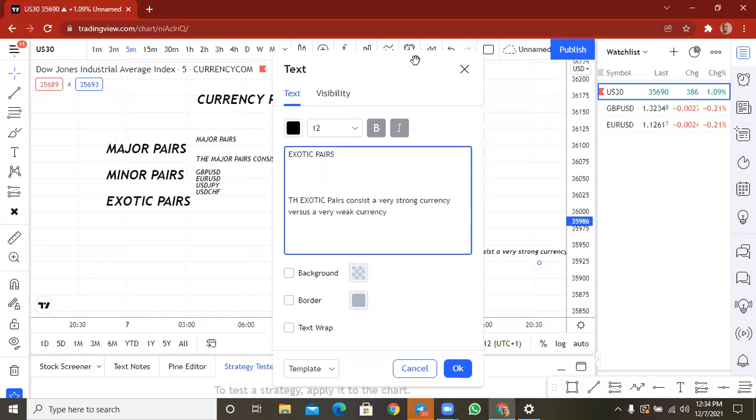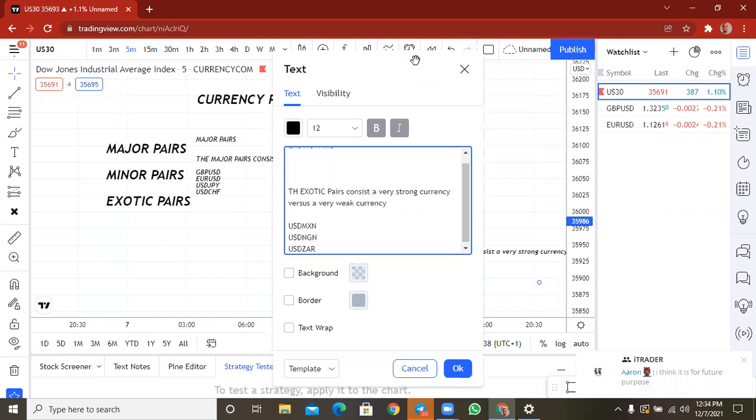Simple. Now, example of that, you start seeing USD versus the Mexican peso used by Mexico, USD NGN, USD ZAR. ZAR is actually the South African rand, and USD NGN is USD versus Nigerian naira.